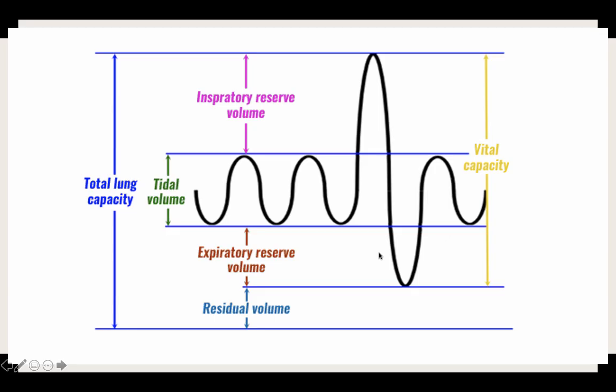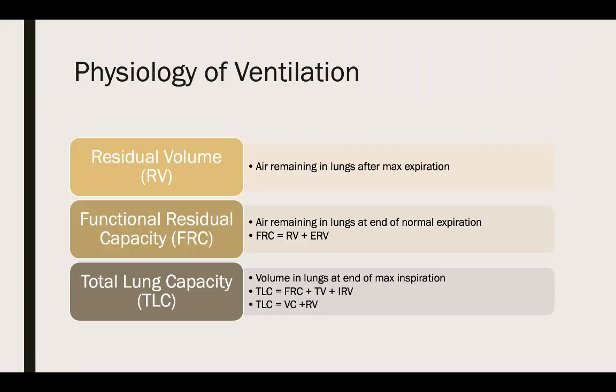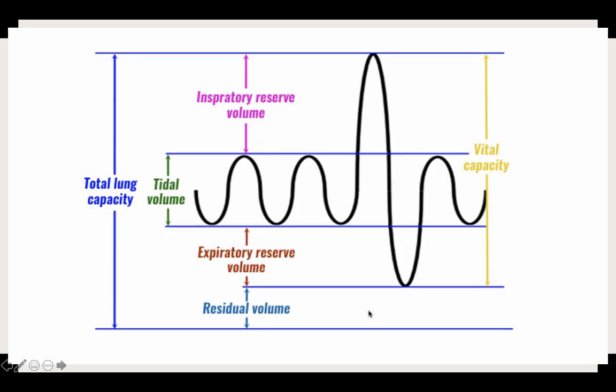There's still going to be a residual volume, and that's just to keep our alveoli open a little bit, to keep our lungs open a little bit so they don't collapse on themselves. Then our total lung capacity, like I said, is a little bit self-explanatory. If I were to take that residual volume and add it to my vital capacity, I've got my total lung capacity.